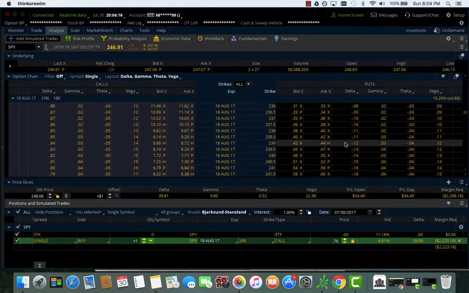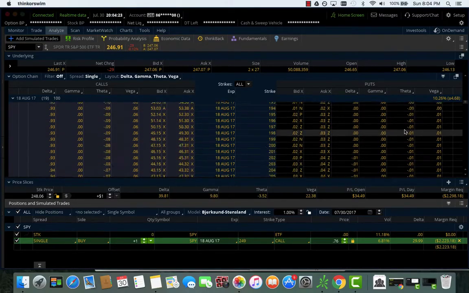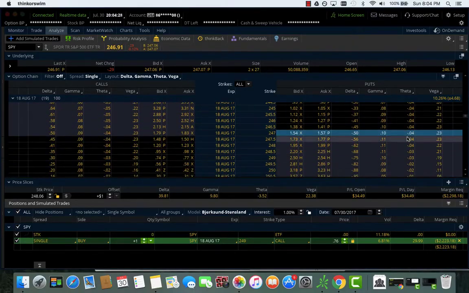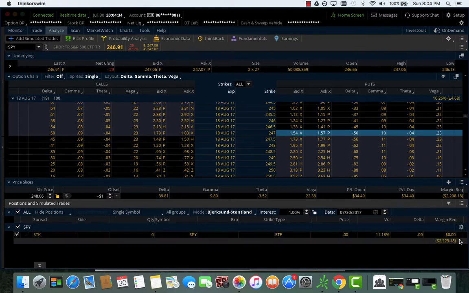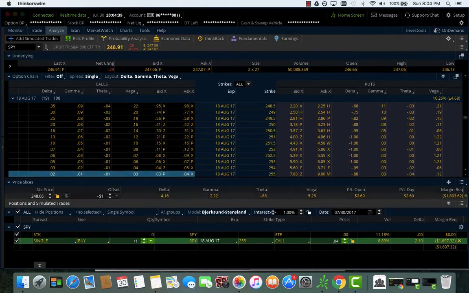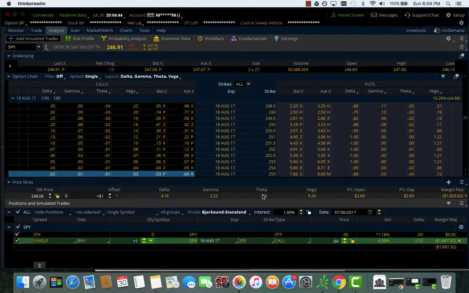Now, all of these options have a theta component. Unless they're worth 0, they have some sort of value that's getting removed from them every single day. As you can see, the closer we get to the at the money strike, the greater theta is and the more is extracted in terms of value from an option every single day. So if we buy this 255, fractions of pennies are expected to get removed per day.